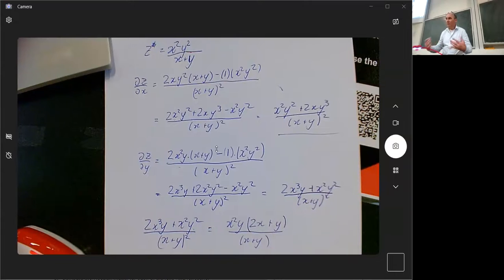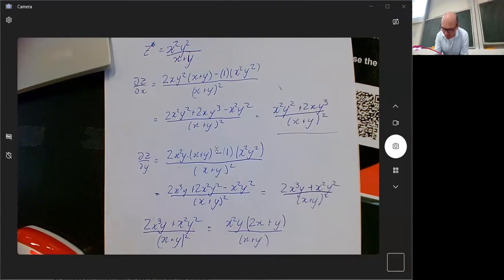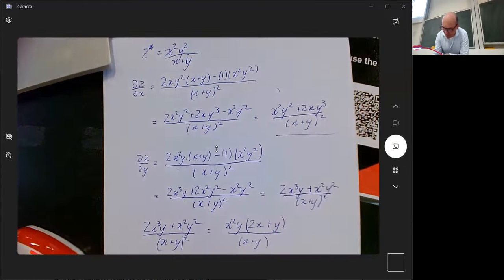What I'd do if I'm actually trying to solve this is, having used the partial derivative with respect to y, I would try each one of those in the other partial derivative that I've calculated, with respect to x. That will allow me to see if I've got something. So if I go dz/dx and evaluate x equal to 0, what I've got in that numerator would be 0 plus 0 over y squared.